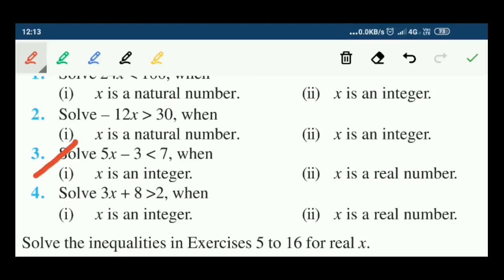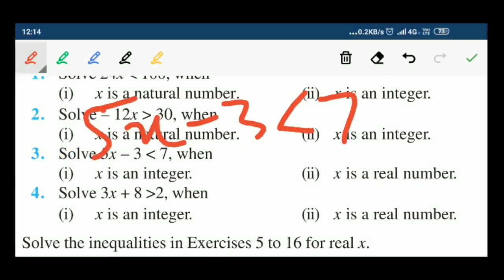Now you can see the third question. Solve 5x - 3 < 7 when x is an integer, and second part when x is a real number. Now I am going to start its first part when x is an integer.